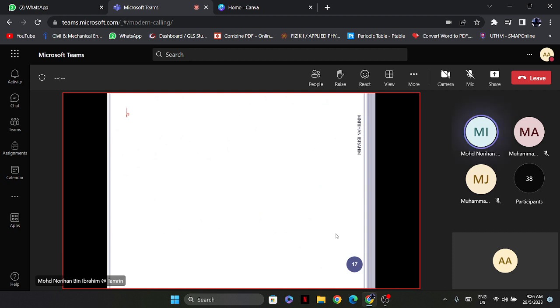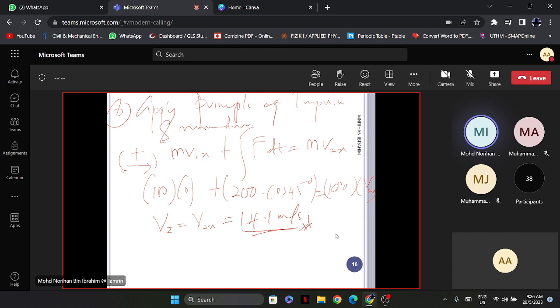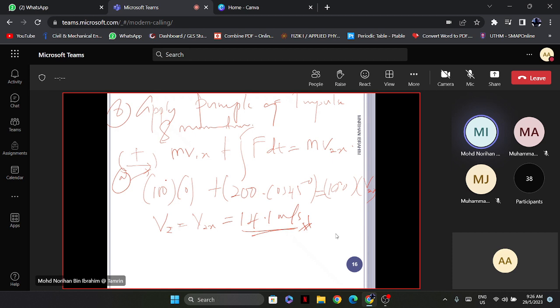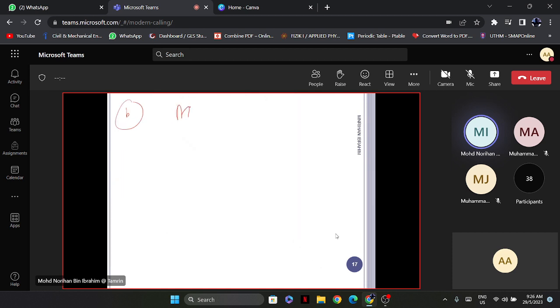This one is A, and B is mv1y plus integral of Fy dt is equal to mv2y. So we consider the y direction: mv1y plus Fy dt is equal to mv2y.